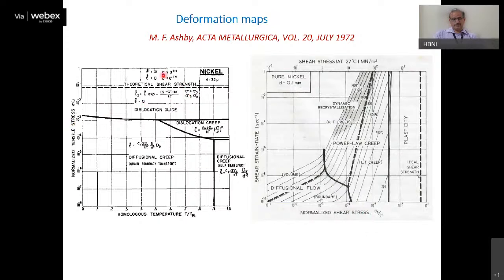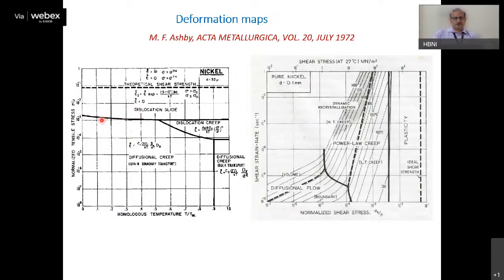From these maps, one can know what kind of deformation mechanism will be important under a given process of plastic deformation. So you see here, this axis is the homologous temperature, which is temperature divided by the melting temperature. And this is the normalized tensile stress, which is the stress divided by the shear strength.